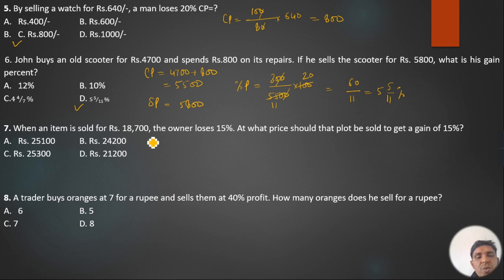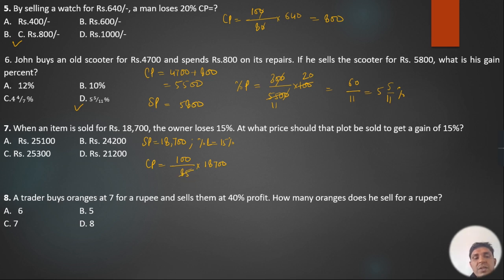So here in this question, selling price is given. Selling price is equal to 8700 and percentage loss is given. Percentage loss is equal to 15%. Just find out the cost price. Cost price in case of loss will be 100 divided by 100 minus 15, that is 85, and multiply by 8700.